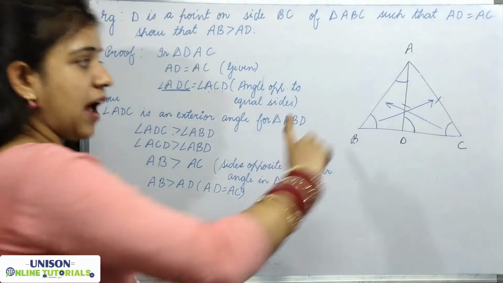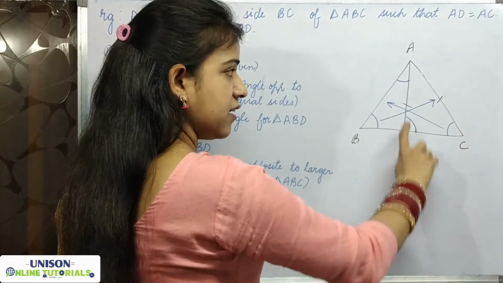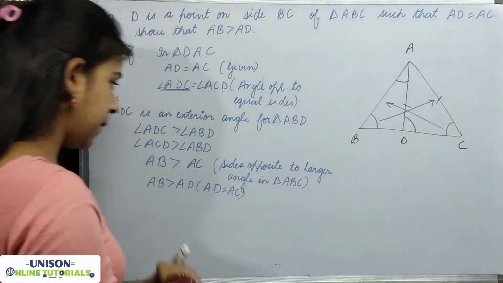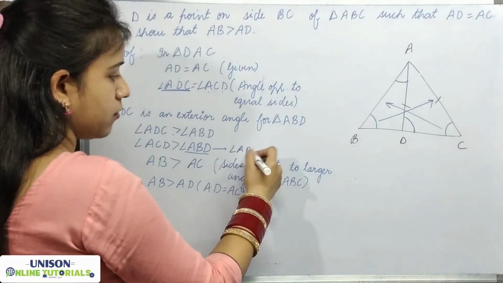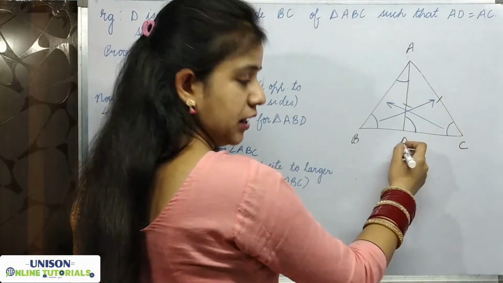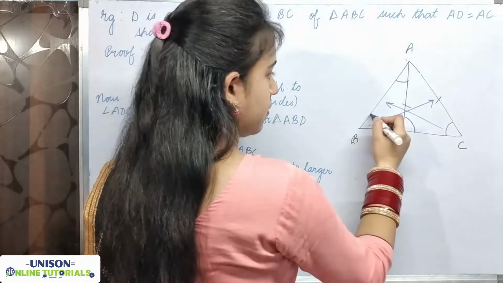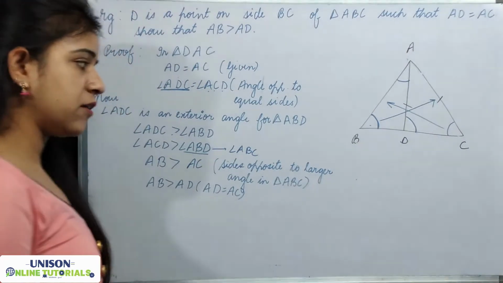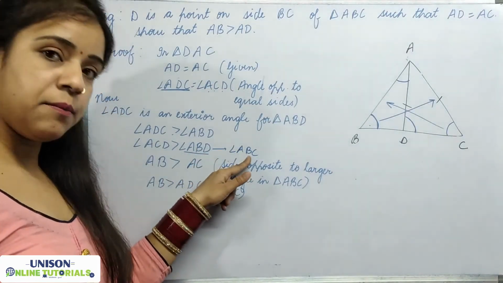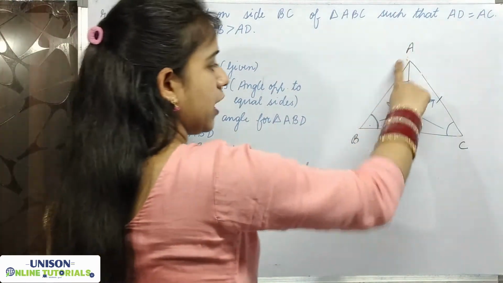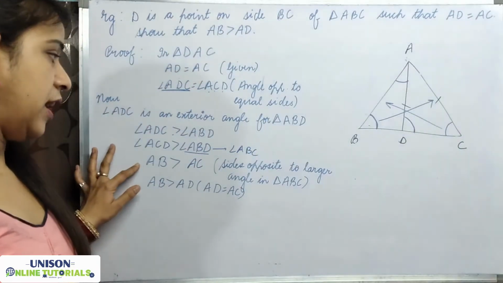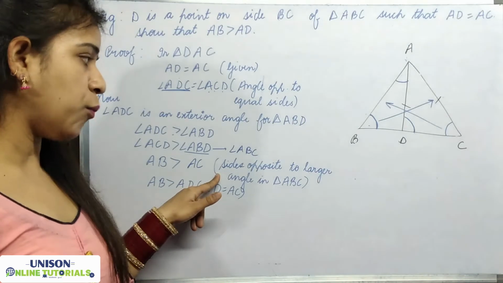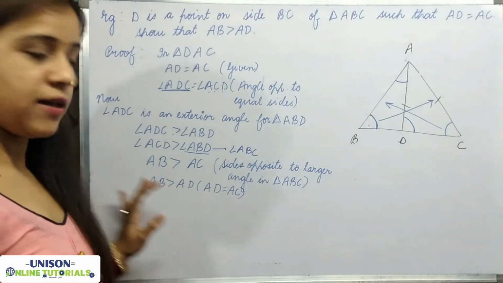Okay, now in place of ABD you can write ABC, ABD and ABC, same angle. So in place of ABD we can write ABC, and the side opposite to ABC will be AC. So AB is greater than AC, the side opposite to the larger angle in triangle ABC.